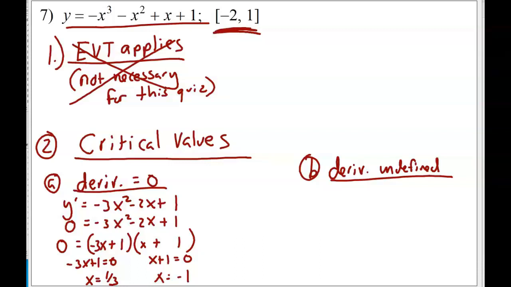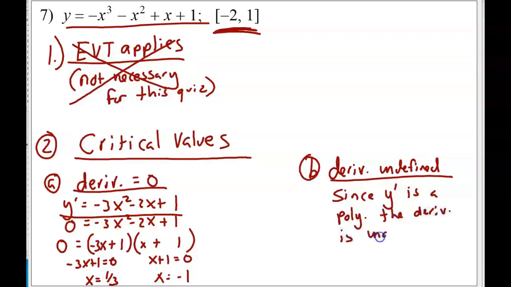Now, where would the derivative be undefined? Well, since my derivative is a polynomial, the derivative is not undefined.